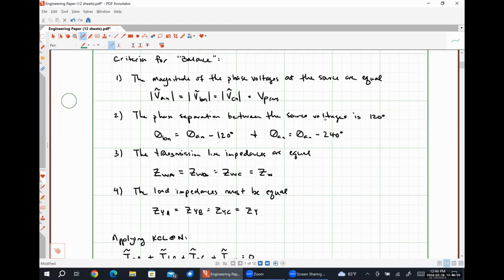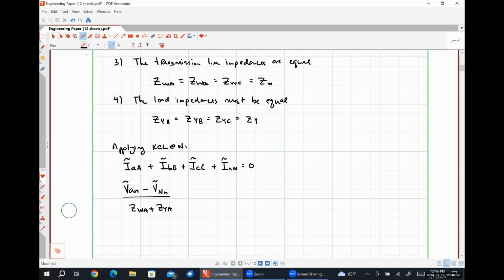I'm going to repeat that for the other line currents, right? So we'll have plus VBN minus that same voltage VNN over ZWB plus ZYB, plus VCN minus VNN over ZWC plus ZYC.